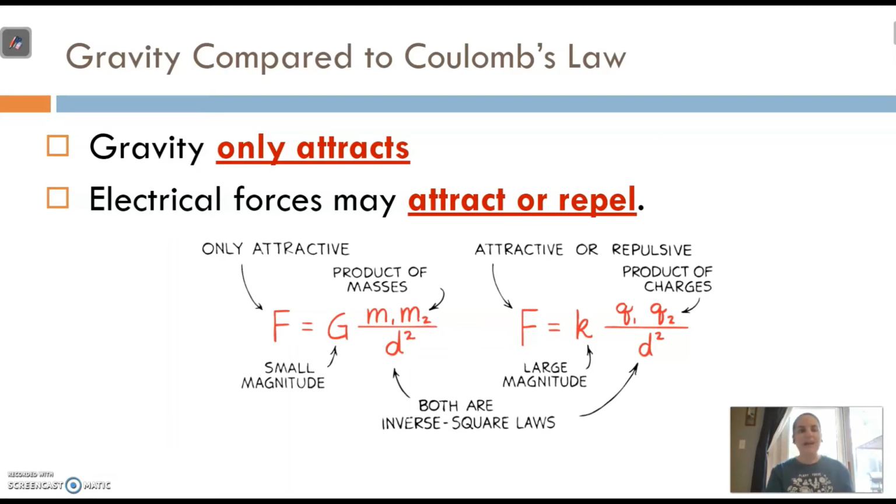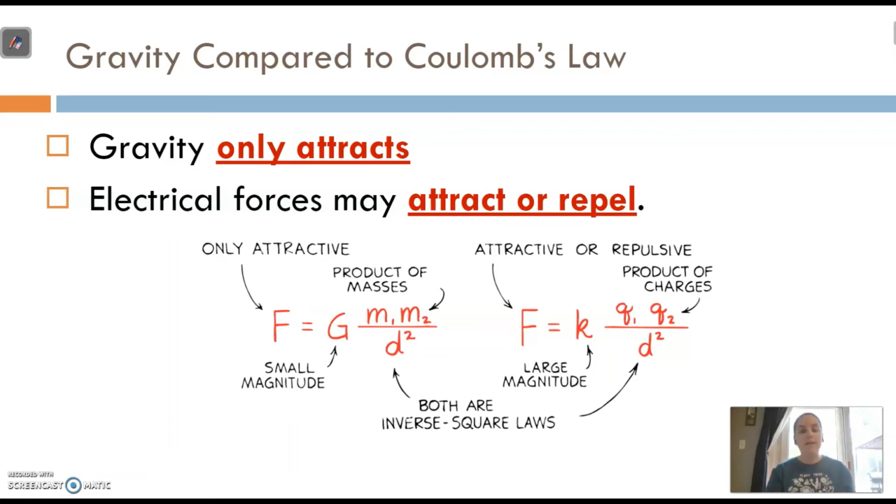When we're looking at the difference between the force of gravity and this electrical force, gravity only attracts. It's only a force of attraction between two masses, whereas our electrical forces can either attract or repel depending on your charge values. You can have negative-positive, positive-positive, positive-negative, and that force is going to be different depending on what charge you have.